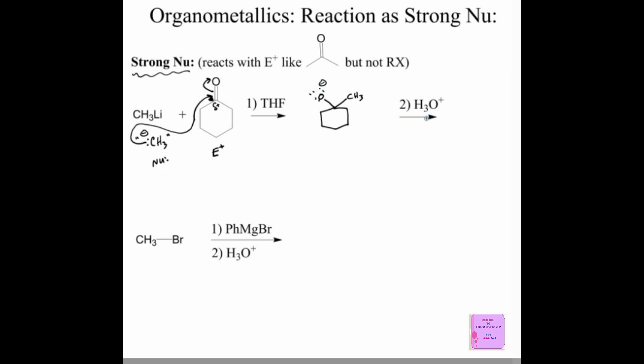And then after workup, step 2 is workup, I'm going to protonate that O minus. And what kind of functional group did I just make? An alcohol. So this would be a nice way to synthesize an alcohol.